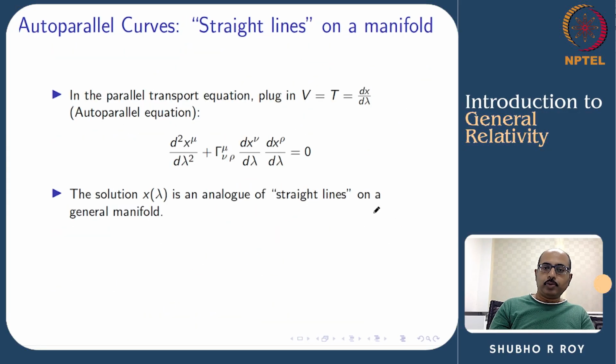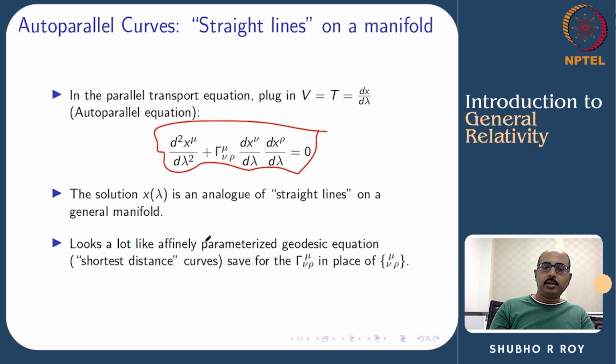Compare that to the autoparallel curve: you have the exact same thing, except instead of the Christoffel symbol, you have the affine connection sitting here. This looks a lot like the affinely parametrized geodesic equation, affinely parametrized because the right hand side is 0.